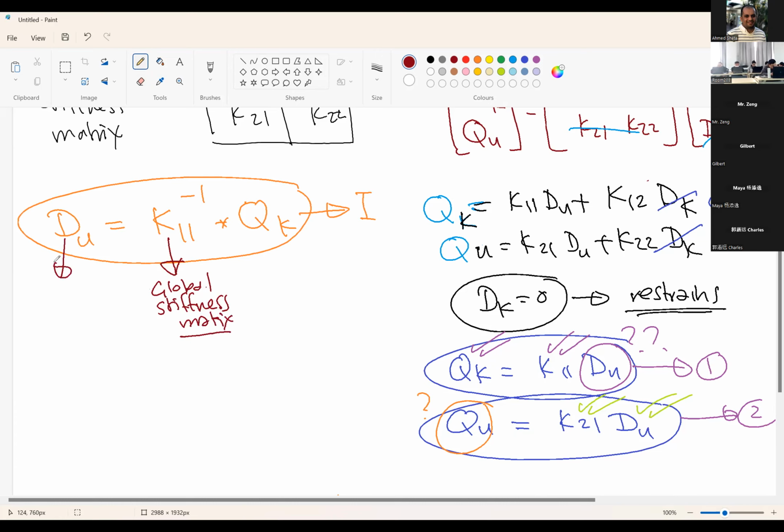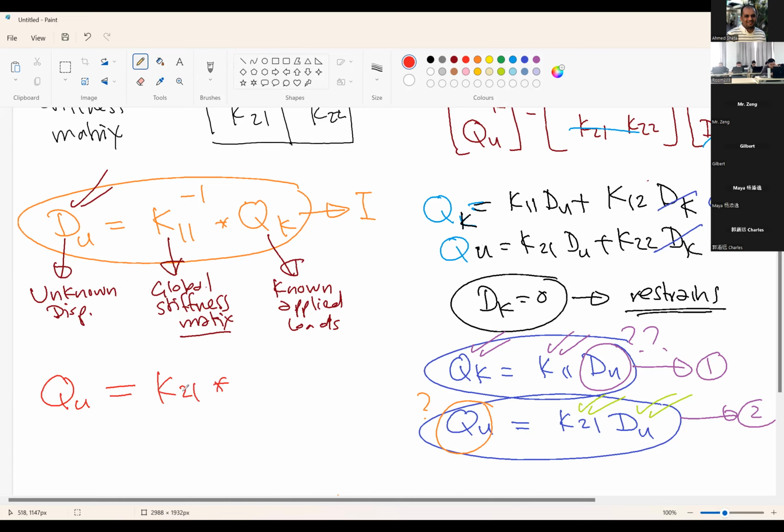Du is the unknown displacement. Qk is the known applied load. So from this step we can get Du. The second step is to use this Du and get Qu, the unknown. So Qu will be equal to K21 times Du. This is equation number 2.